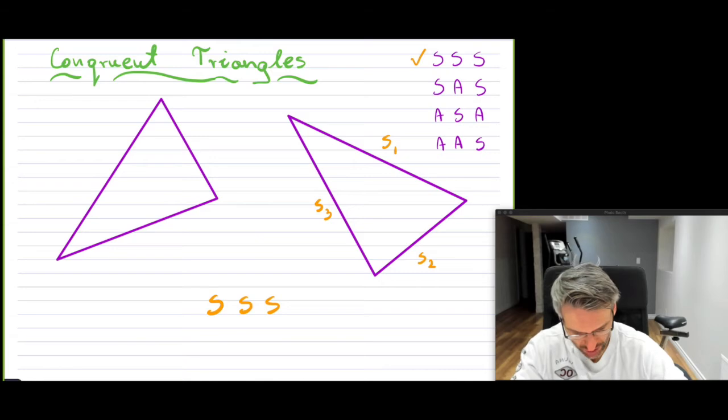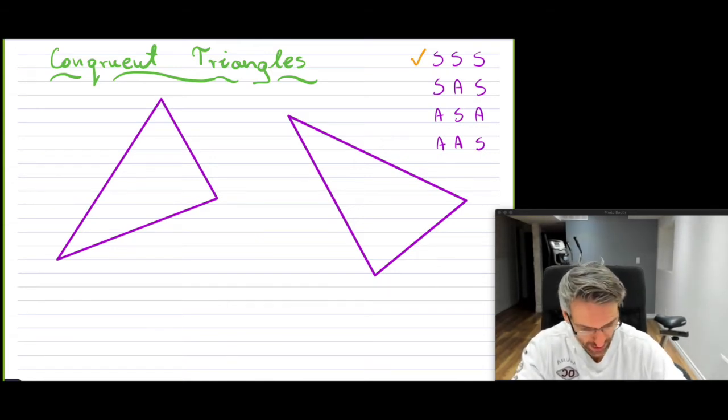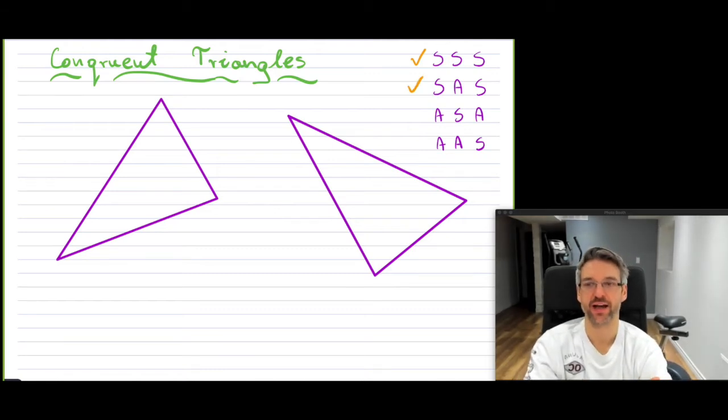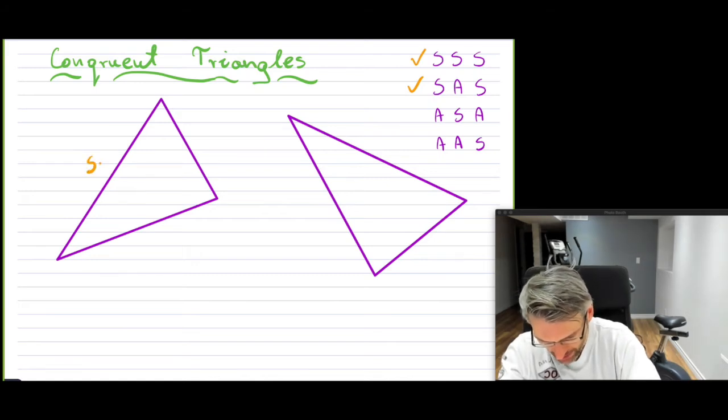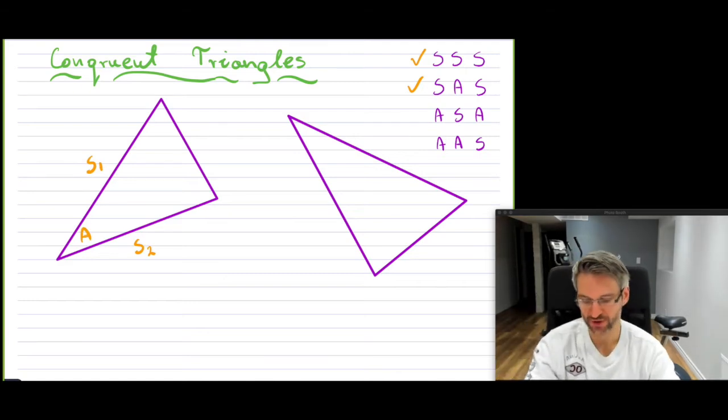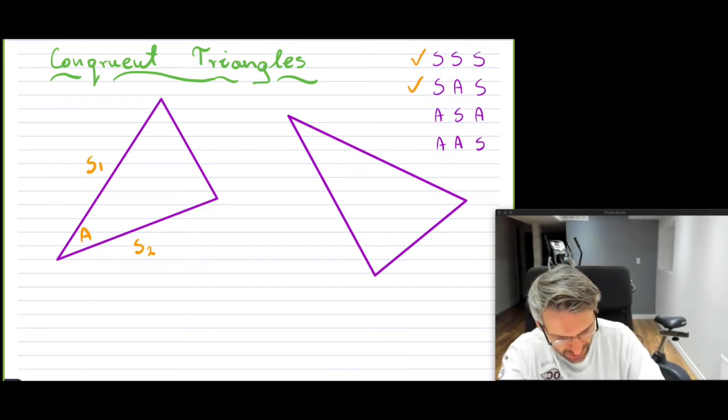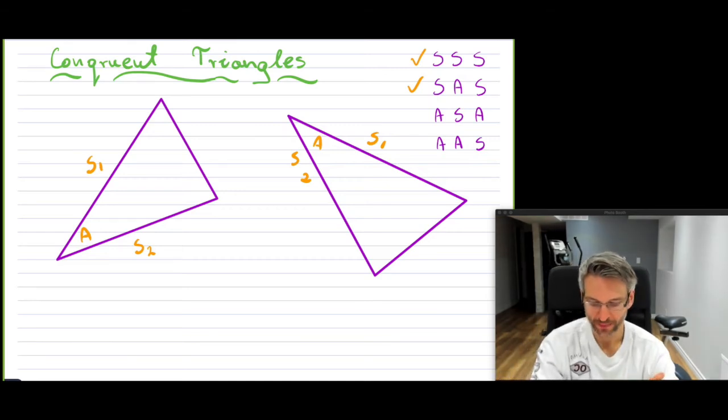Now, the second relationship is side, angle, side. So for instance, this would be side 1, side 2, and this is your angle right here. If you can show that those are the same, then again those two triangles are congruent.